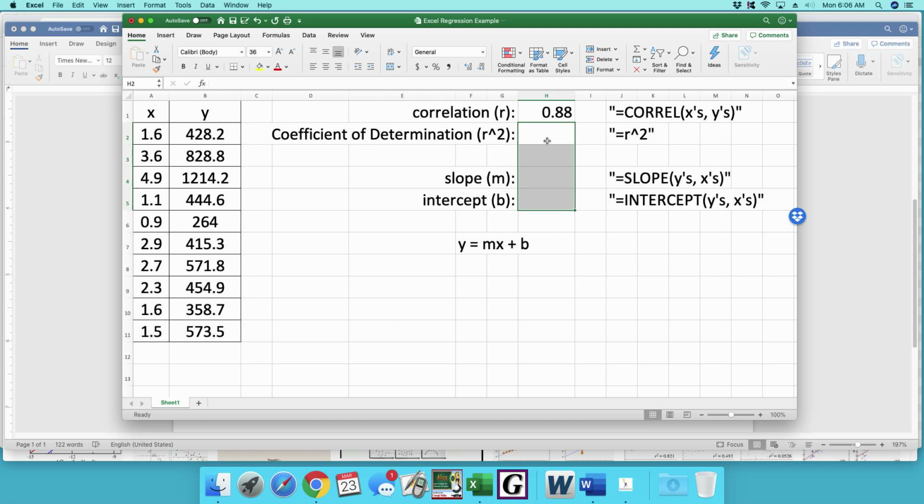So now let's see our coefficient of determination. Put an equal sign, click on the cell above, do a chevron, which is Shift 6, and then put a 2. This is going to square our r. R squared is our coefficient of determination. So we want to make this smaller.